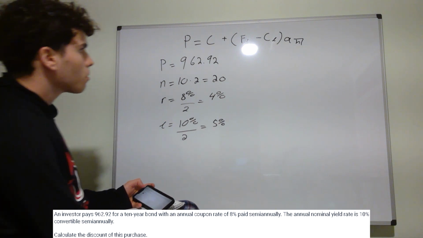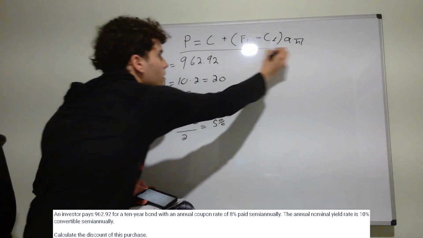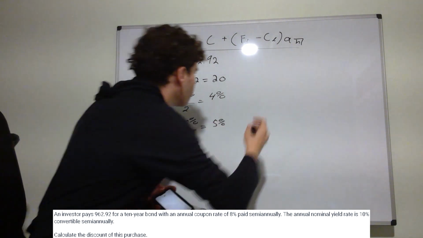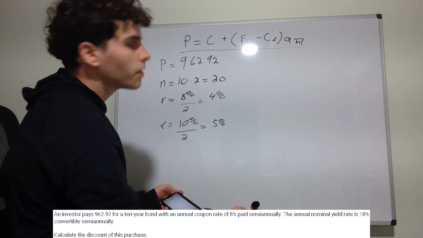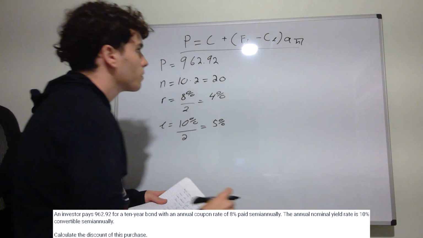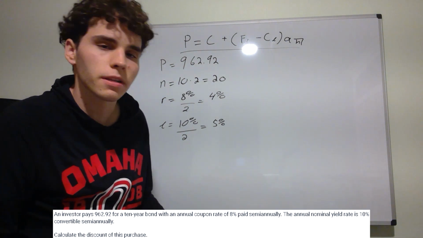Alright, so given this formula that we have, the premium discount formula, it's kind of a plug and chug at this point. So we are going to have one unknown, C, at the very end. Well, first off, we can't assume that the par is 1,000 because it doesn't specify in the problem.